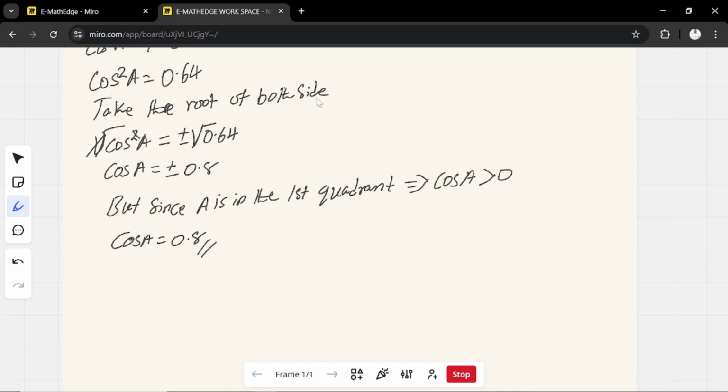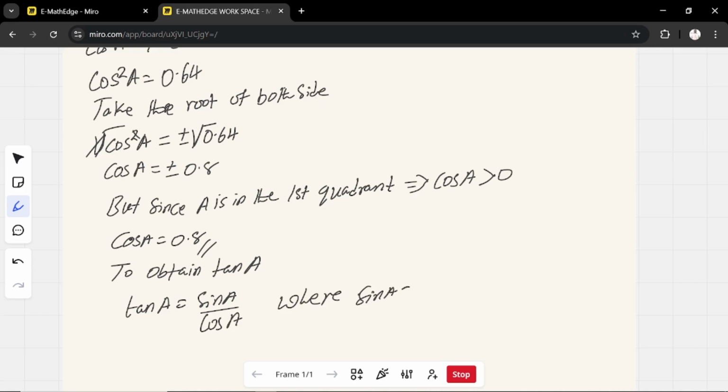Remember, we were asked to find cos A and also tan A. Now we've succeeded in finding cos A. So now to obtain tan A, we are still going to use the identity quotient formula, which is tan A equal to sine A, just like we did yesterday, all over cos A. Mind you, we have sine A equal to 0.6 and cos A, which we just obtained, is 0.8.